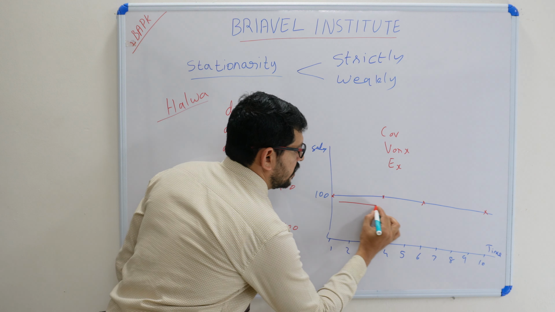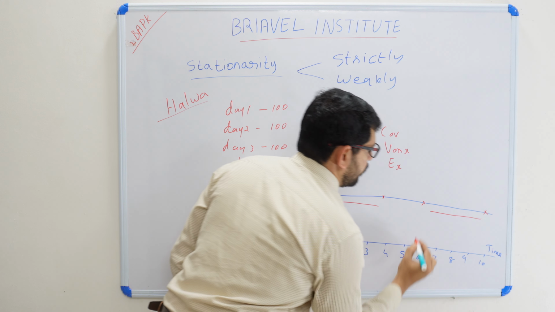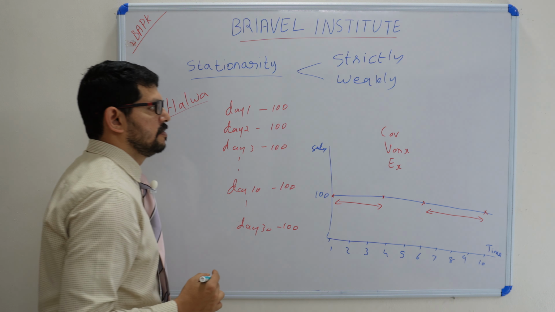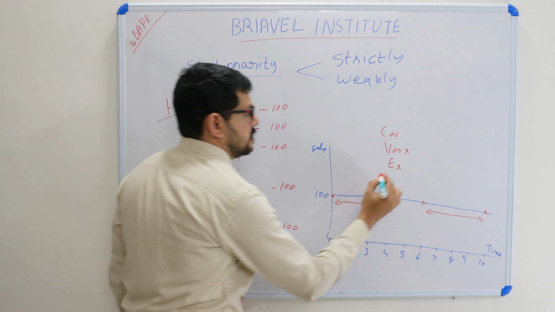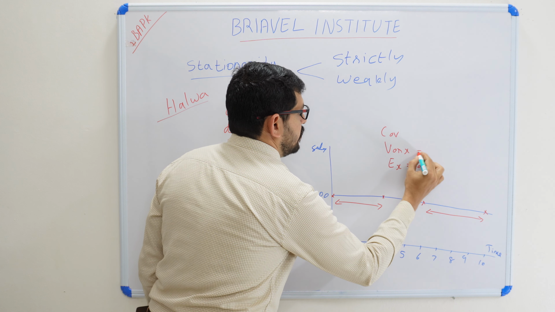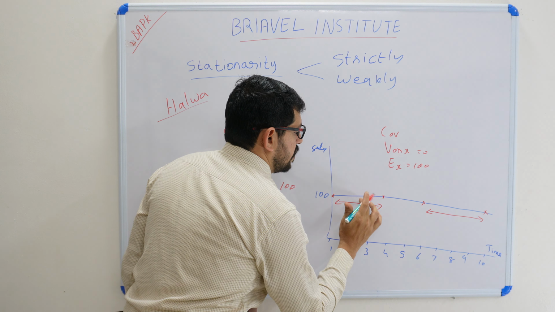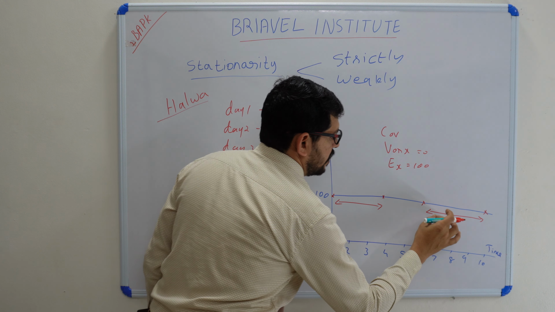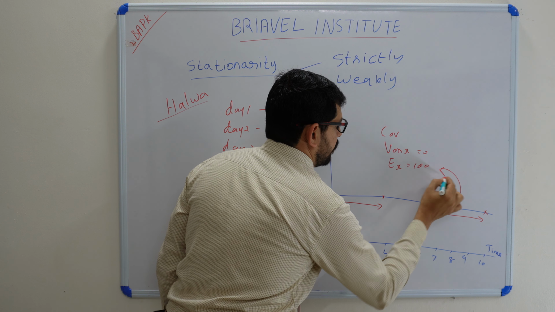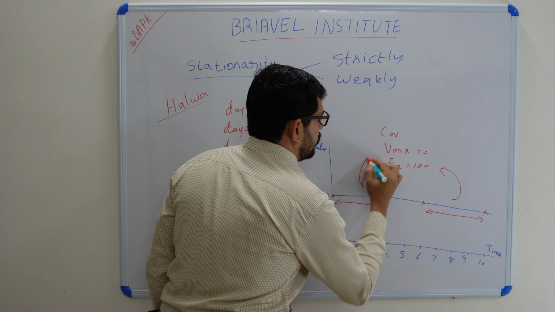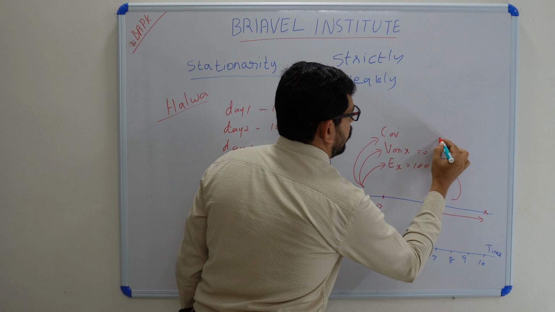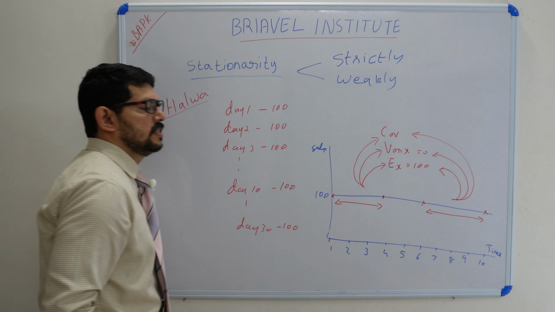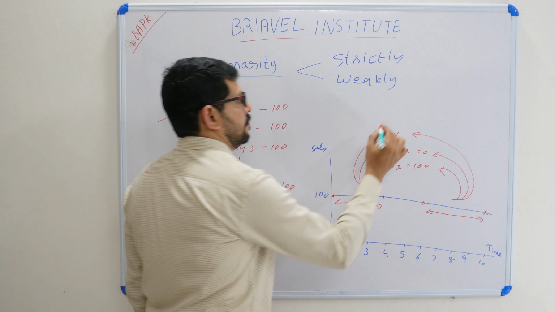In these periods, what are the expectation of X, variance of X, and covariance? The statistical properties remain the same between period 1 to 4 and 6 to 10. All the statistical properties are the same.